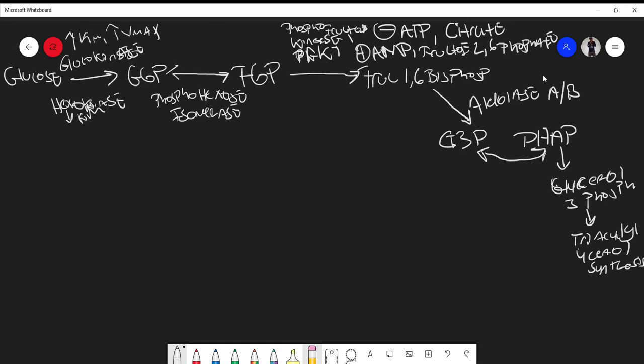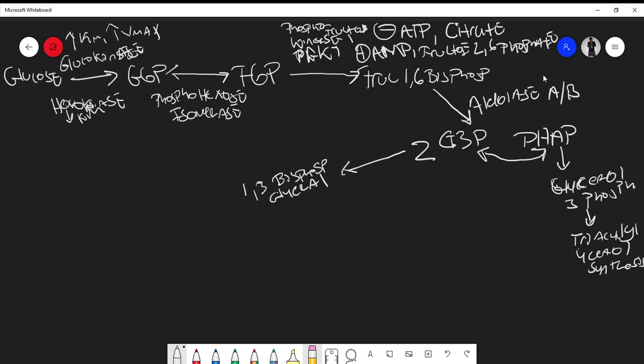So now as a result, we have two G3P molecules, and so everything in the cycle now becomes multiplied by 2. Right, so 2 G3P gets converted to 1,3-bisphosphoglycerate.